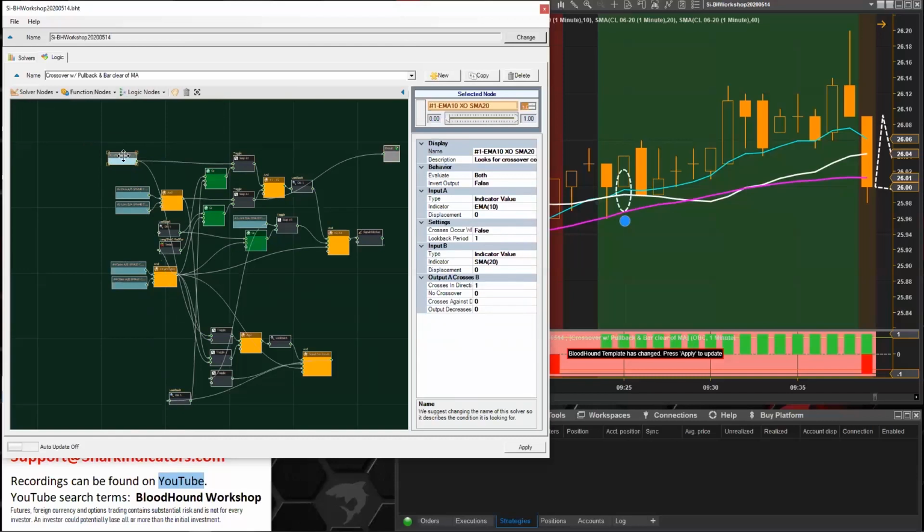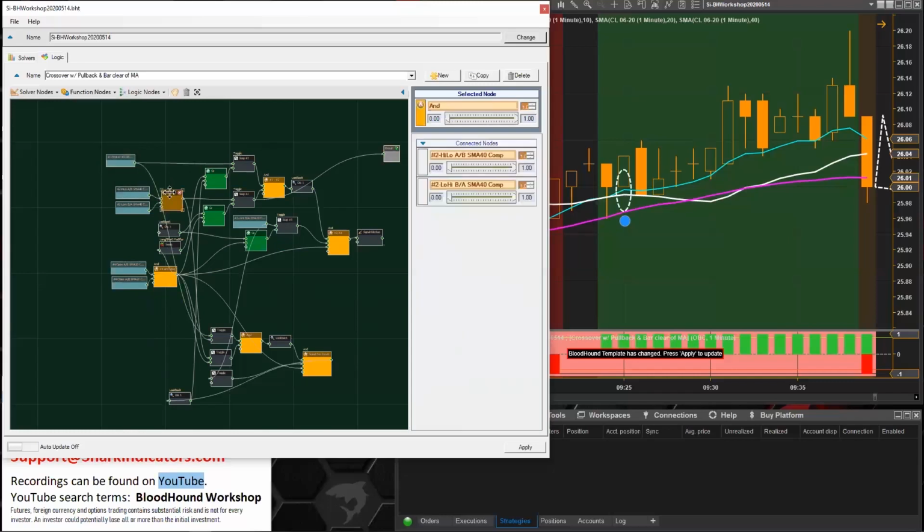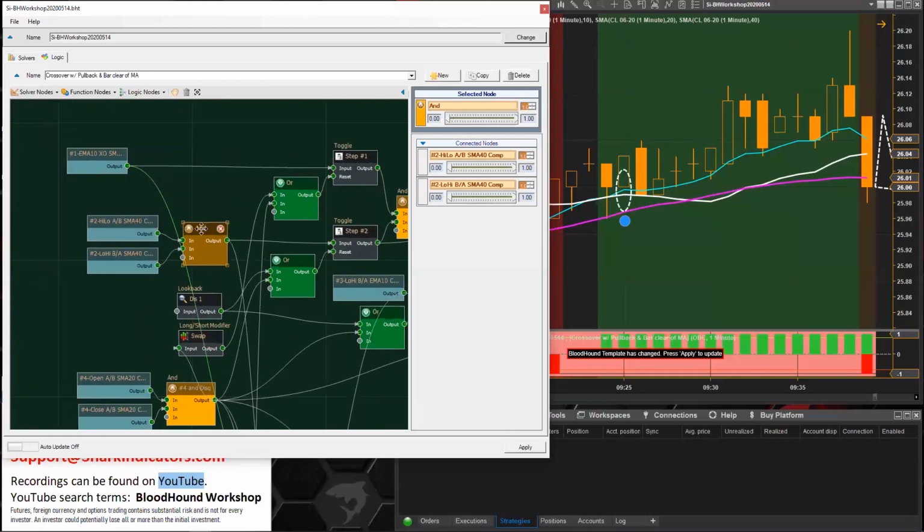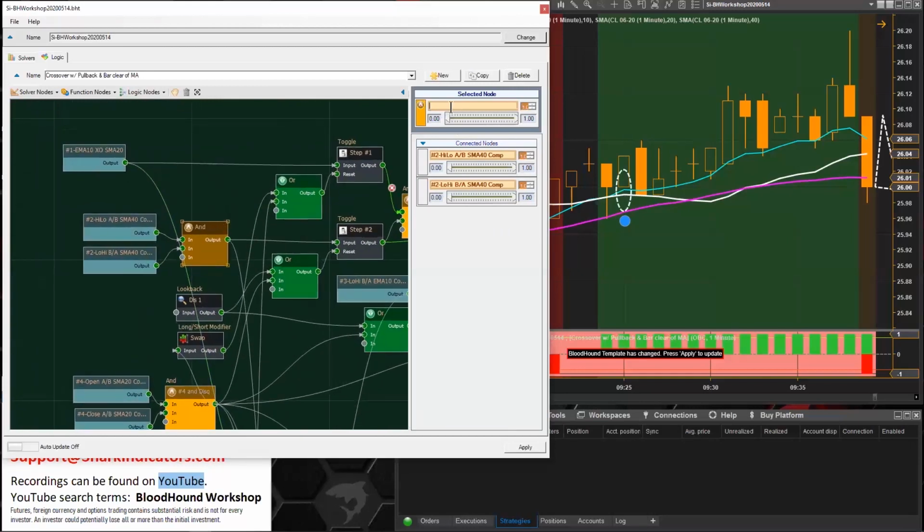I still need to get step one. Step one needs to be basically a permissive. It needs to come first before step two. Let's zoom in here a little bit, guys. There we go. How's that?